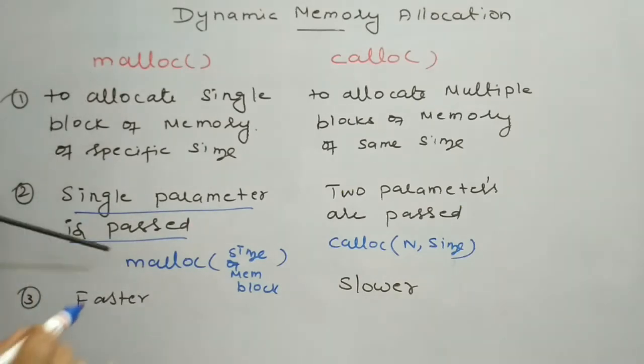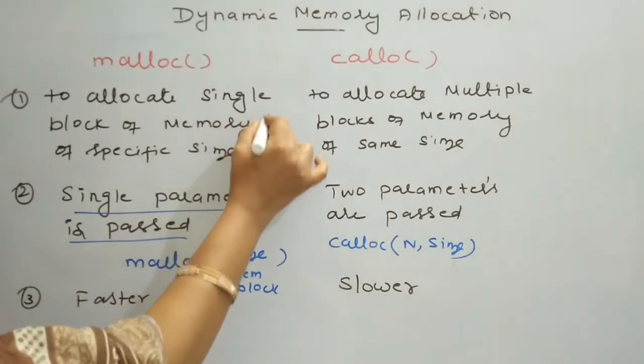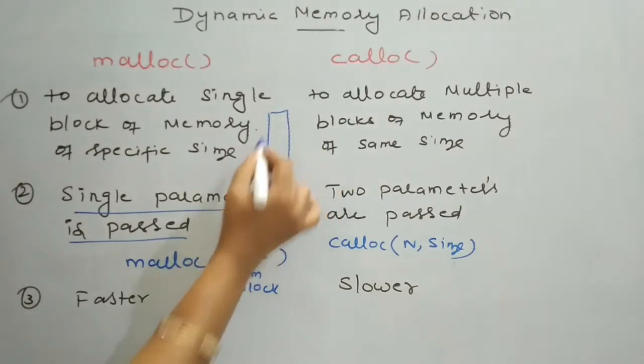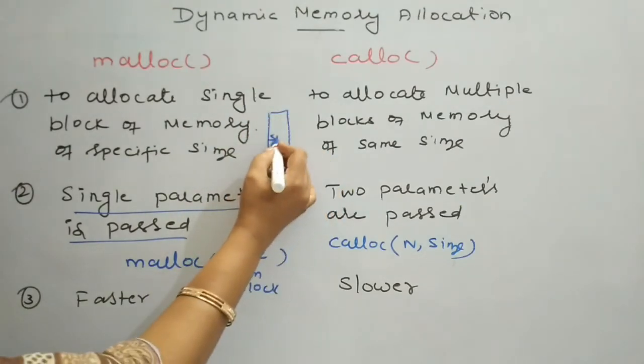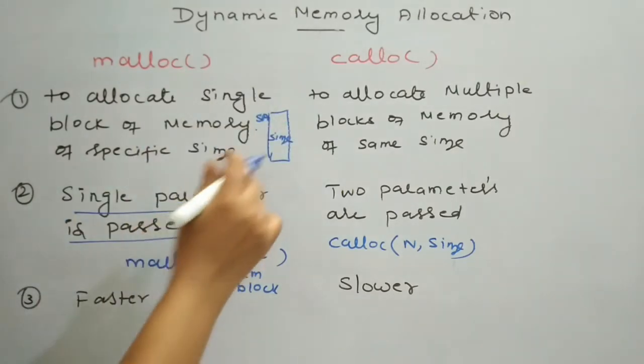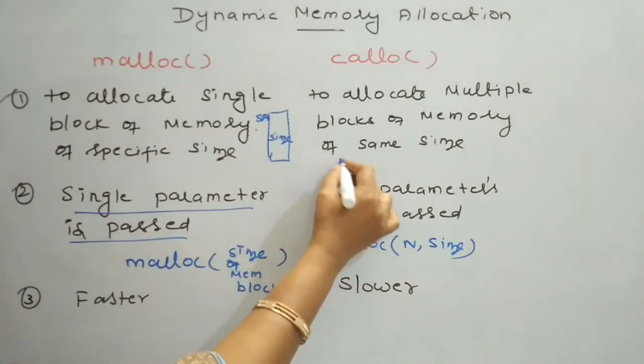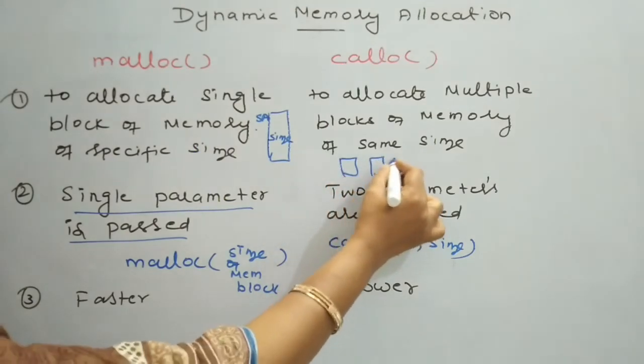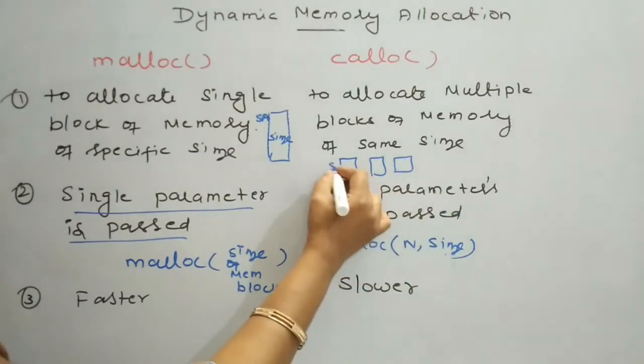In case of malloc function, it allocates a single large block of memory of specific size and also it returns the starting address. In case of calloc function, n number of memory blocks will be allocated of the same specific size.